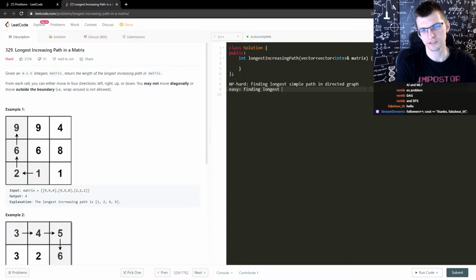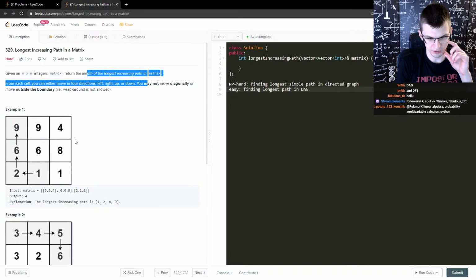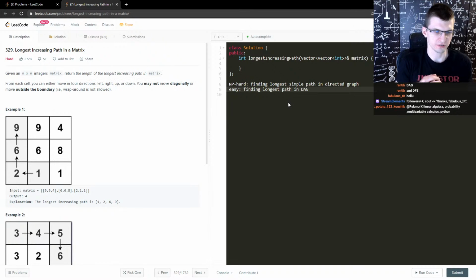Finding the longest simple path can't be not simple in a directed acyclic graph, so a graph without cycles, because then you can go in topological order, and it will be easy to find one here. And indeed there are no cycles here, because we want an increasing path, so always from a value we go to a bigger value. And so that's our topo sort already. We don't need to run topo sort.